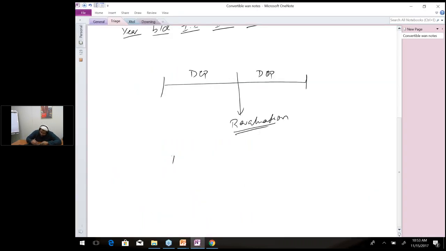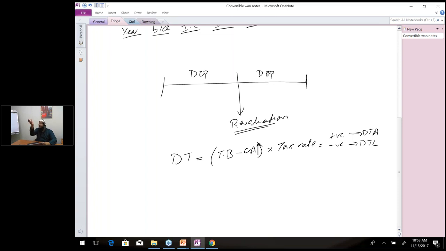Smita wants me to repeat. Smita, whenever we are going to calculate the deferred tax, how do we calculate? We calculate tax base minus carrying amount into the tax rate. A positive answer becomes a deferred tax asset and the negative answer becomes a deferred tax liability. So the question says that the carrying amount is higher than the tax base.